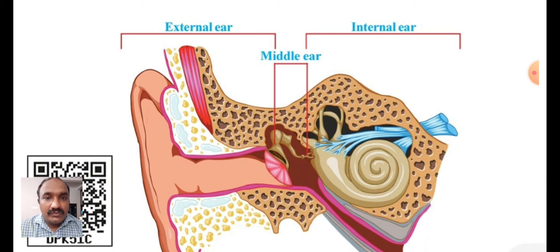Three parts of the ear. Which are they? External ear, middle ear and internal ear. When we study these three parts, all the parts of the ear can be studied. That is the easiest thing. It will be easy to remember, easy to study and easy to understand. So we can study one by one.